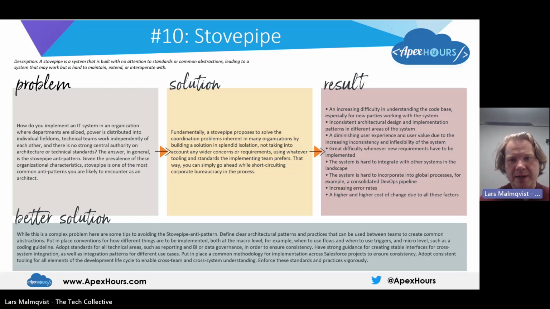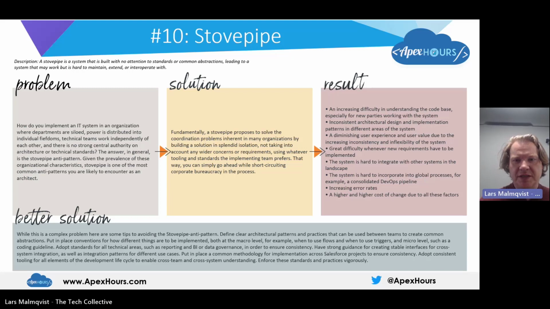Over time, Stovepipe systems will manifest a number of issues, such as a hard to understand code base, right? Because you've got multiple approaches and no consistency. You've also got architectural inconsistencies, with different patterns being applied across the different parts of the overall platform, and different prioritization of architectural concerns, which causes various conflicts.